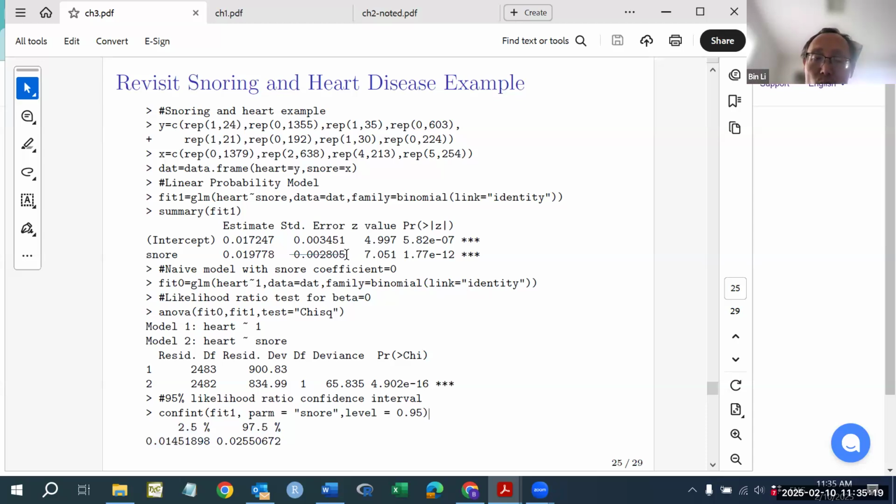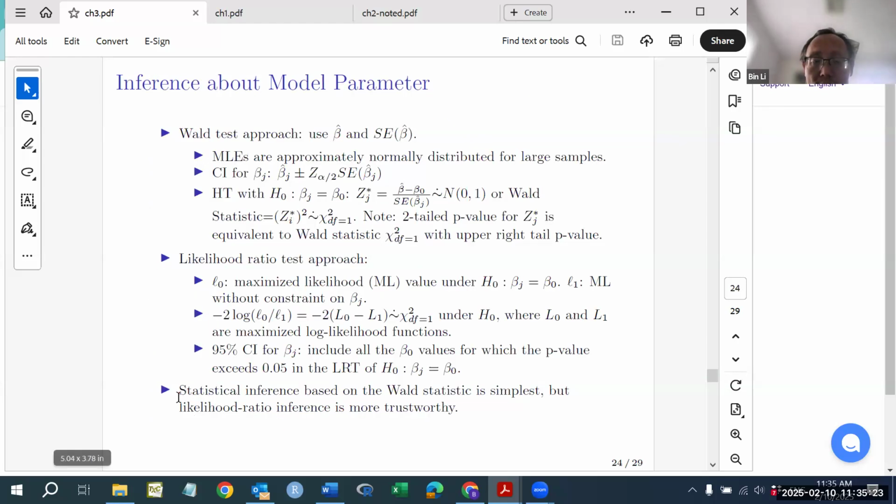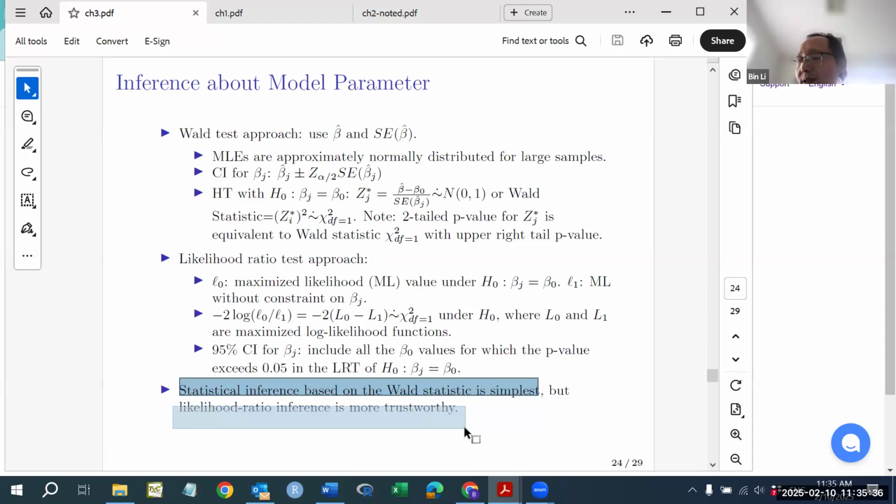You may ask which one we should use. Statistical inference based on the Wald test is simplest and easiest to use, but likelihood ratio based inference is much more trustworthy. So if you want to do inference on confidence intervals or hypothesis tests, the best choice is the likelihood ratio test.